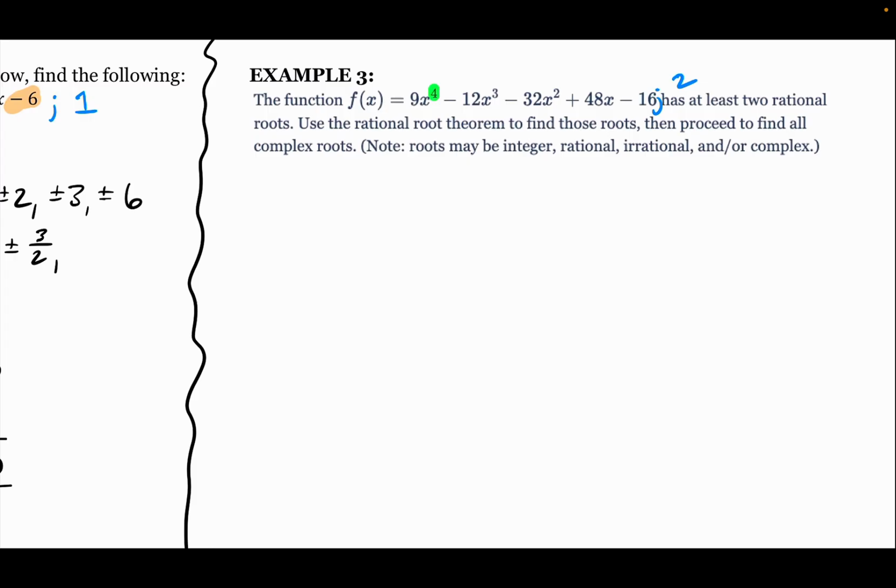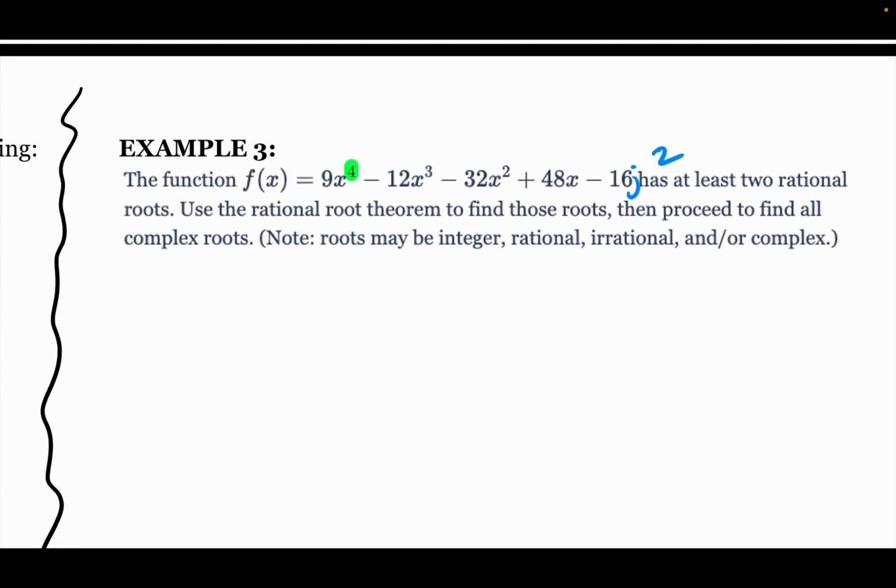So what do I do first? Give me the list of possibles. It's going to have a big list of possibles, something like 20-something. I don't need every single one of those possibles.